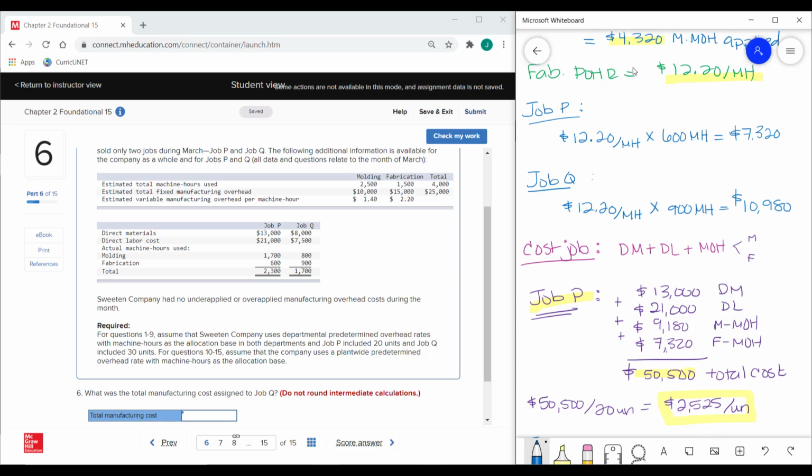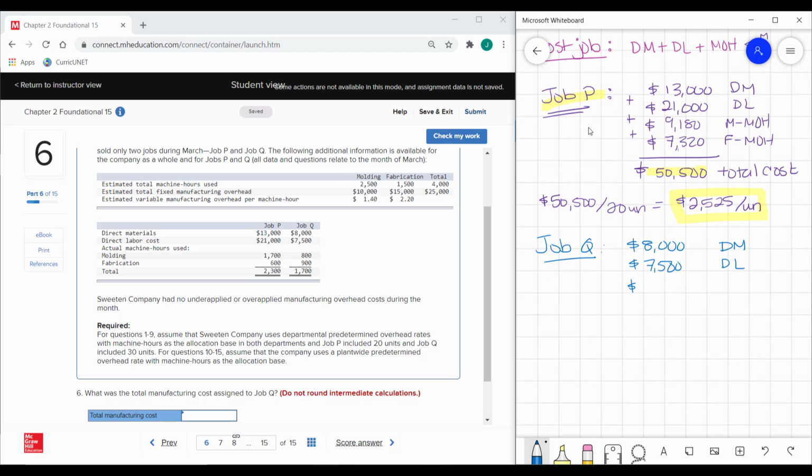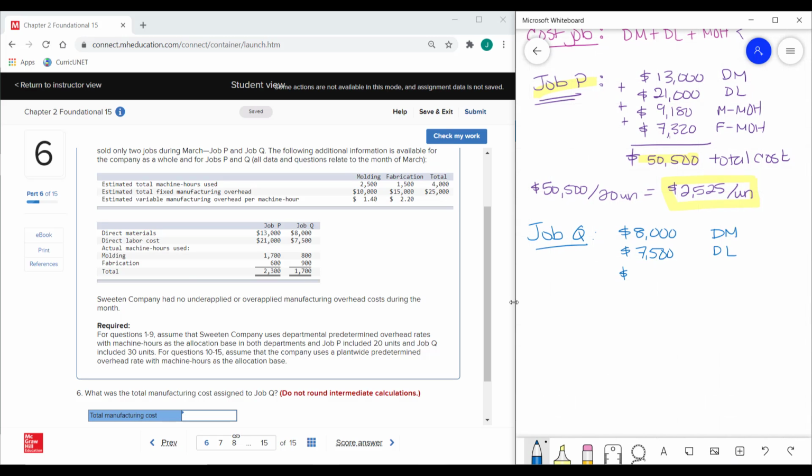And the amount of fabrication department manufacturing overhead applied to job Q was $10,980. So we'll do $4,320 for molding department's manufacturing overhead applied, and then $10,980 for the fabrication department's manufacturing overhead applied.